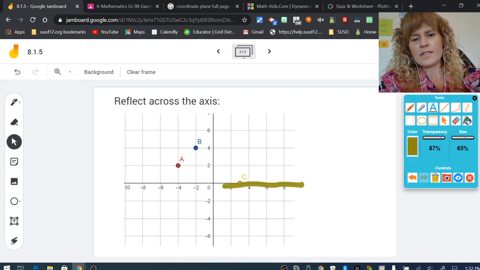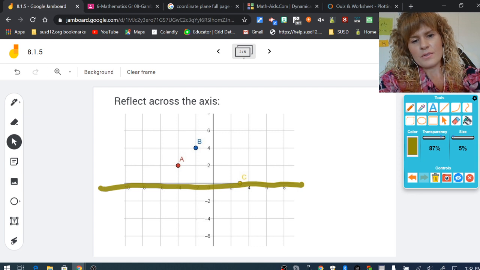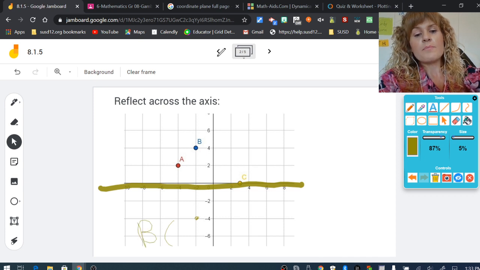Let's try that with point B. We're still reflecting across the x-axis. Okay, so let's draw the reflection. We'll just go straight down to 2. And what are the coordinates of point B prime? Let me write it down. B prime, and the coordinates are (-2, -4).